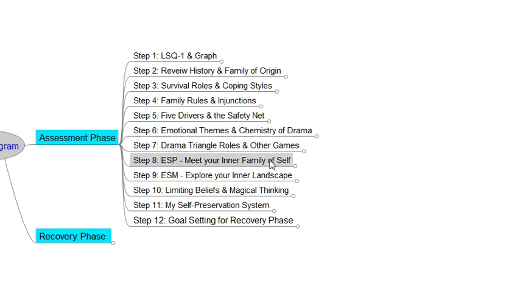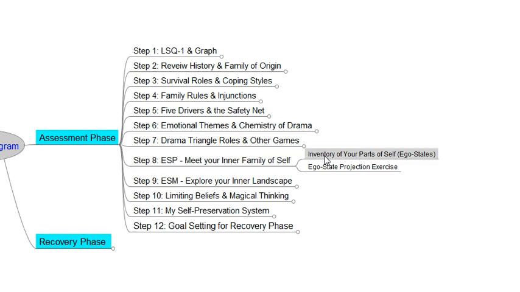Now, the next thing we want to do in the assessment process is get to meet our various aspects of self, or parts of self. And I call it meeting the inner family of self. And we can do that as we inventory our parts or our ego states through something I call the ego state projection exercise.